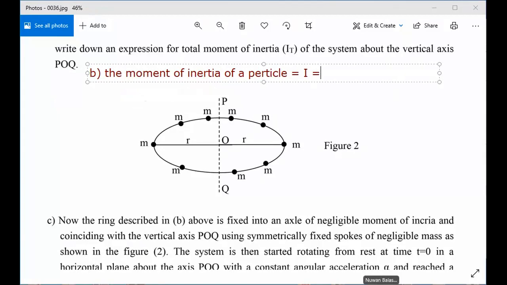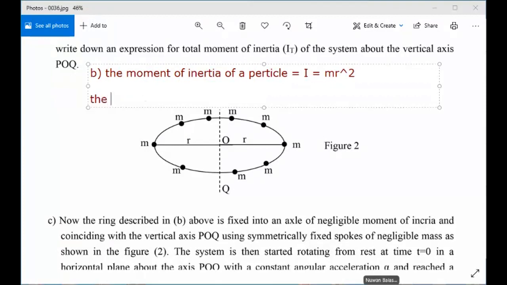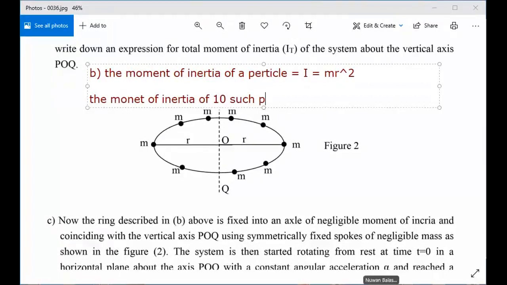So we know it. So that is mr square. So therefore, Lamai, you should answer me, what should be the moment of inertia of 10 such particles? How do we find it there?